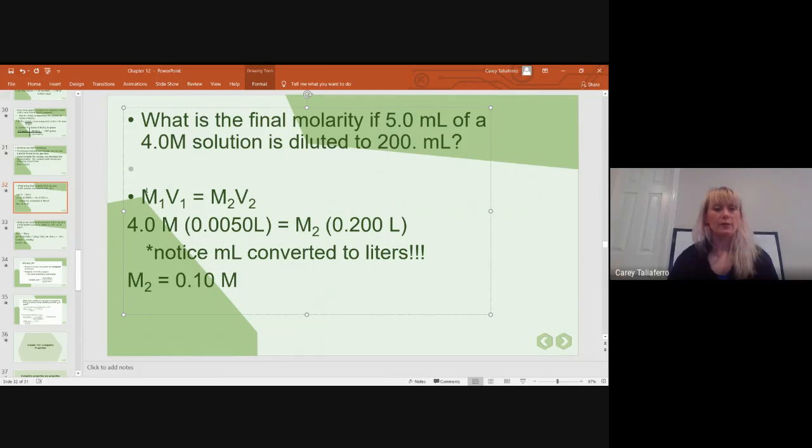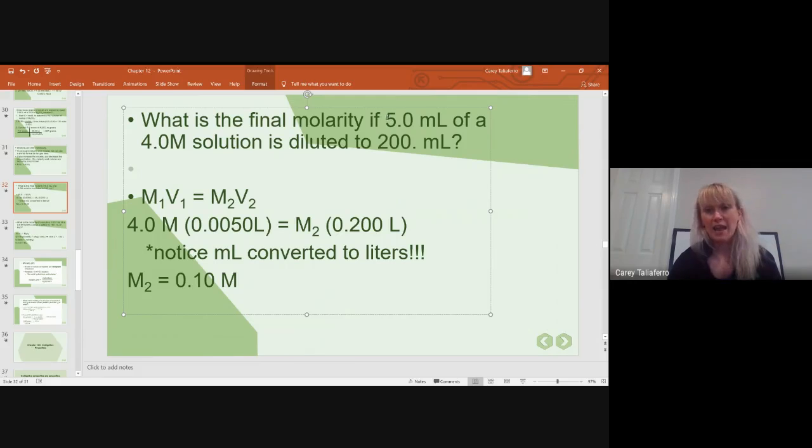I'm going to take that formula that I just showed you, M1V1 equals M2V2, and then I'm going to fill in. I've got 5 milliliters of a 4 molar solution. First thing I do, to keep things consistent with molarity, is use liters. You have to be consistent here because this molar value is based on moles per liter.